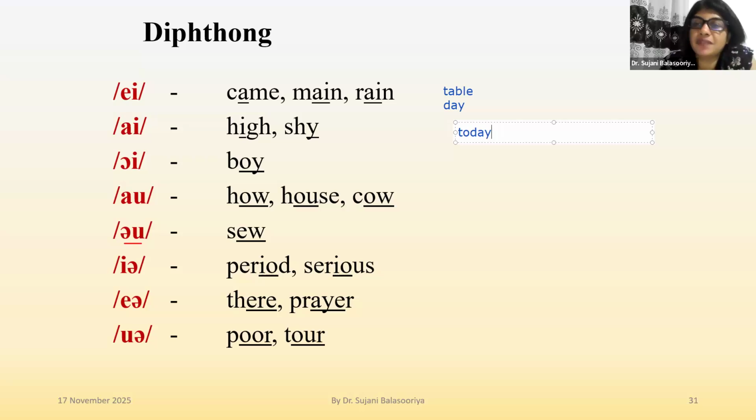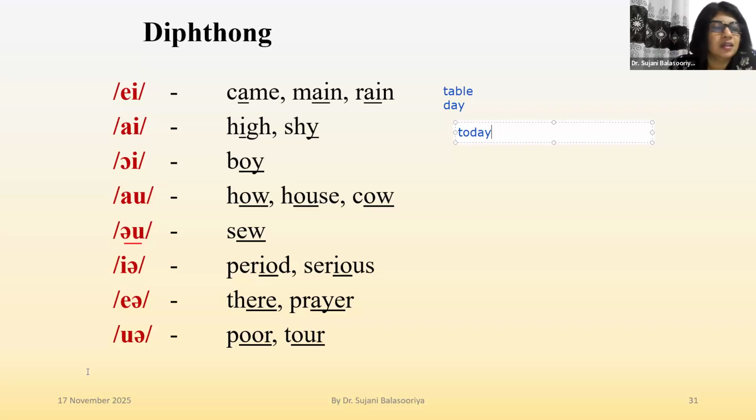So there are such differences between SLE and BE, Sri Lankan English and British English pronunciations. I'm not asking you all to imitate British or American English here, but I'm making you aware of these situations, right? Especially diphthongs are not very common among us, as I told you. Diphthongs are quite common among native speakers. They use diphthongs a lot, but we do not use them to that extent, right?